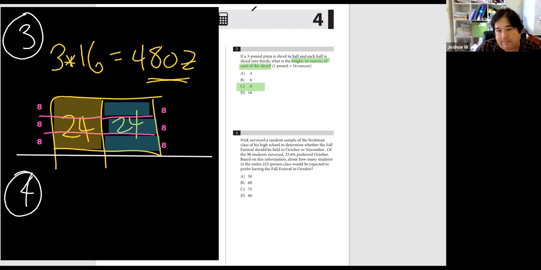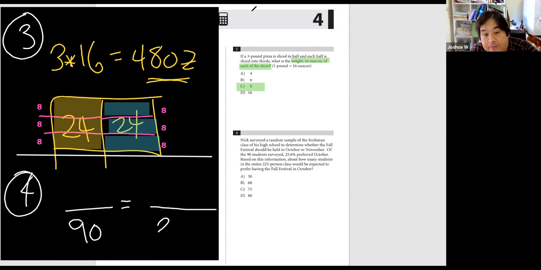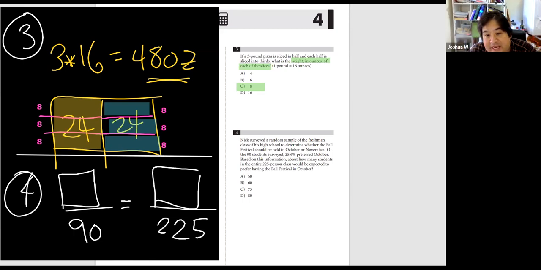Okay, so here's the deal. It's a random, non-biased sample of 90 students, but since it's not biased, it should be the same proportion as if it was the entire student body, everyone who goes to school, 225. So we need to figure out what the numerators will be, but the proportions should be the same.